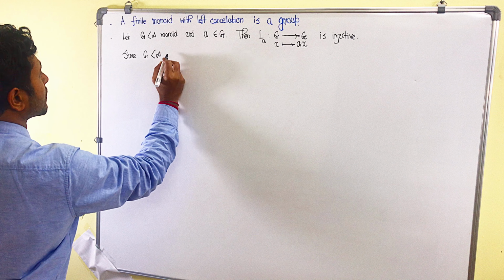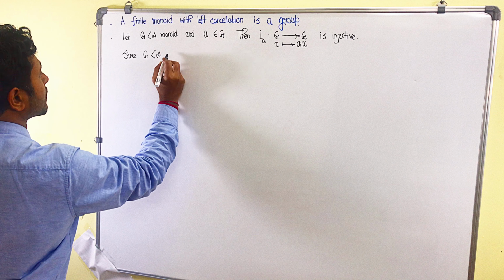That means there exists an element B in G such that LA of B equals identity, which means A composition B equals identity. Now, left cancellation means all the left multiplication maps are injective.